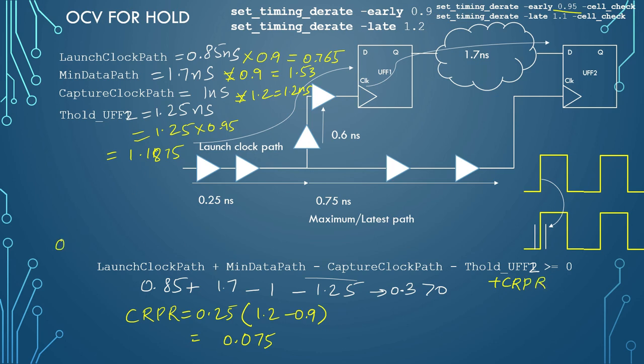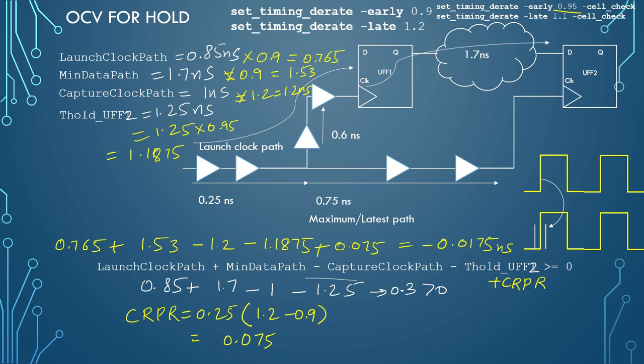Now if we put these values in the expression, it will be 0.765 plus min data path of 1.53 minus capture clock of 1.2 minus this 1.1875, and then your addition of CRPR, that is the common clock path, because it is the maximum path here. If you calculate, it will be minus 0.0175 nanoseconds. So here it is now invalid, that is, hold is violating because it is less than 0.